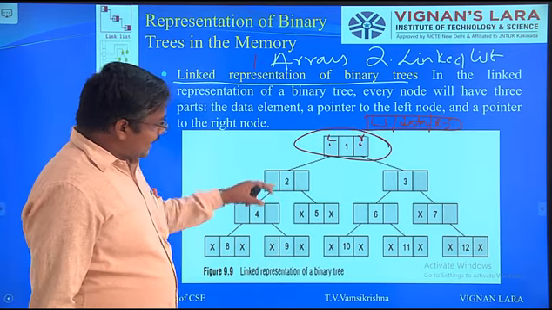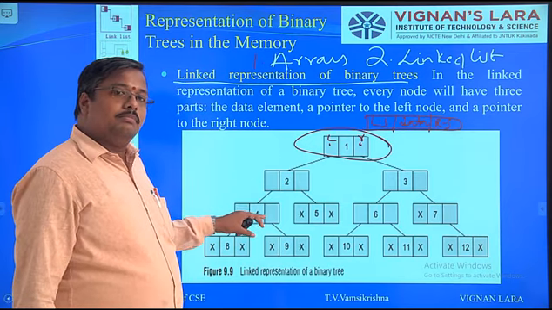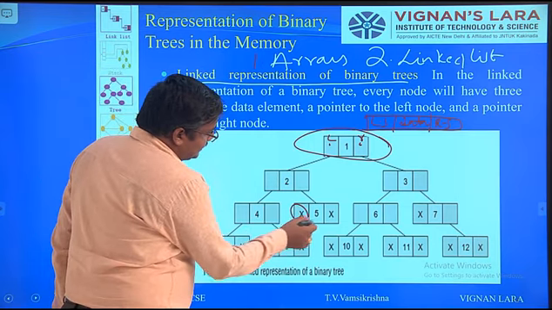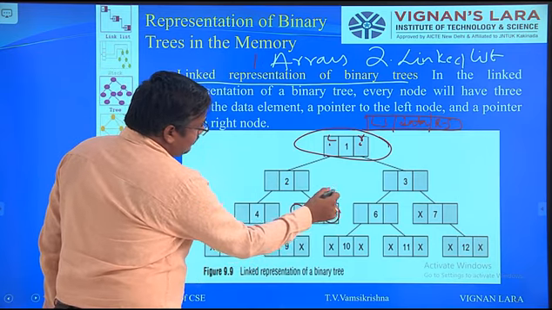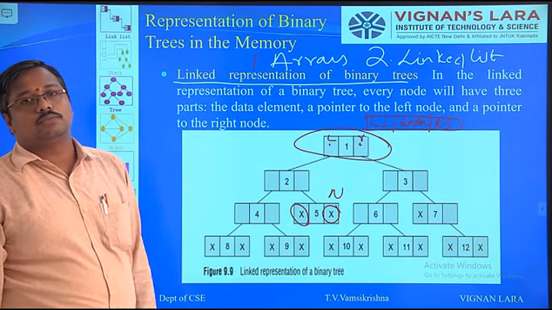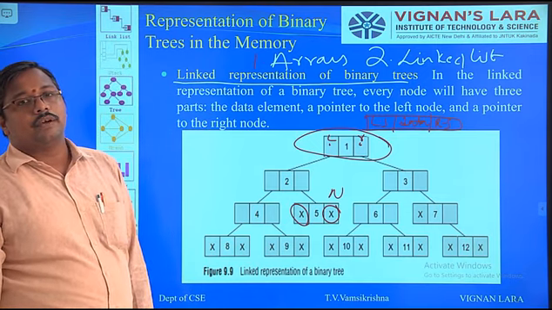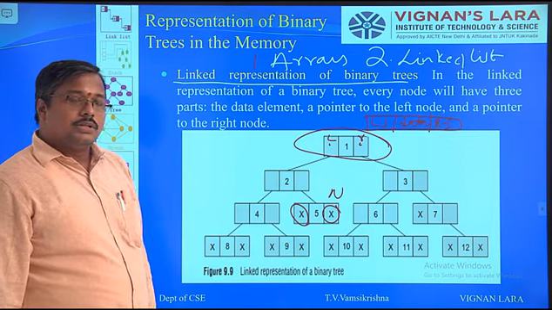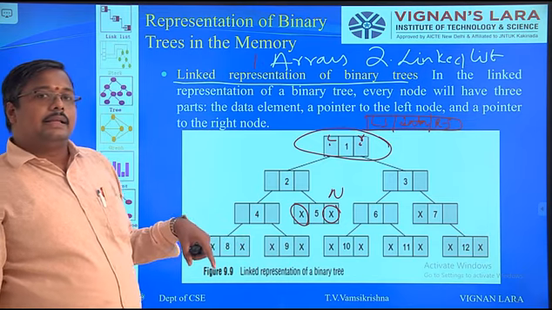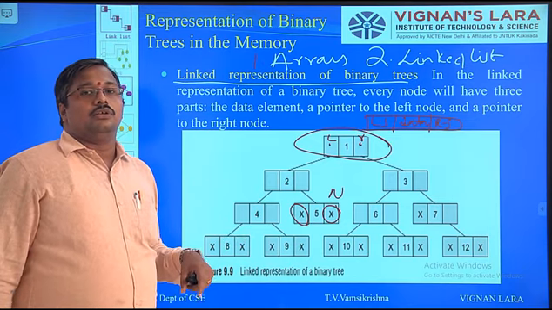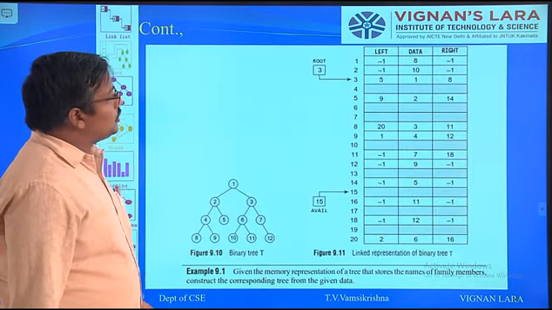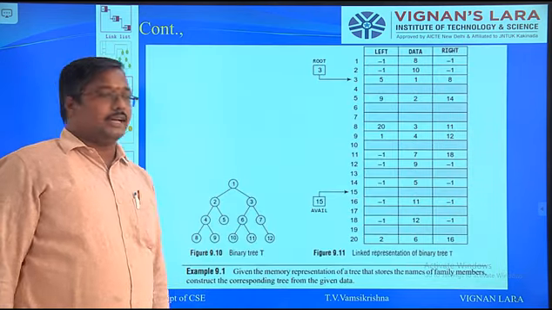Each and every node must have three different fields. Where we have a cross mark, it represents null. Null specifies no children. So this is the way to represent a binary tree using a linked list.